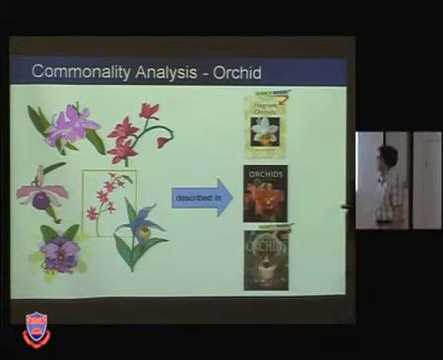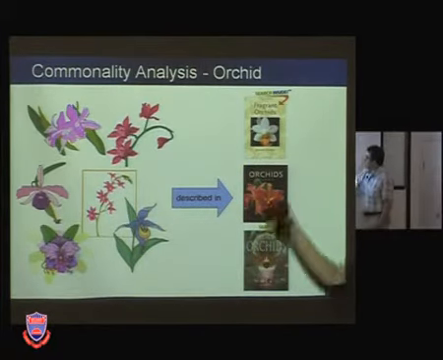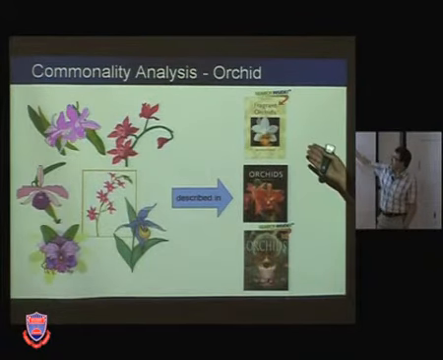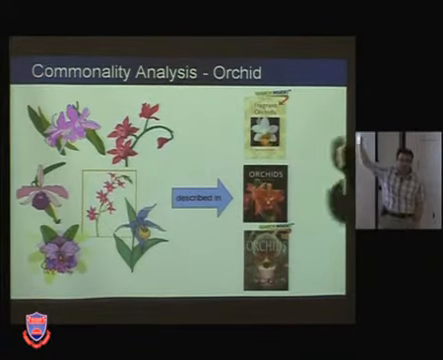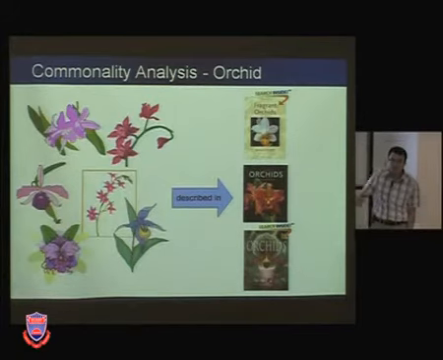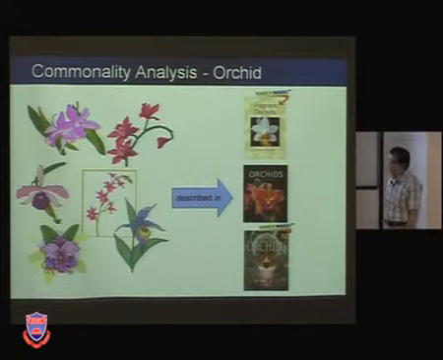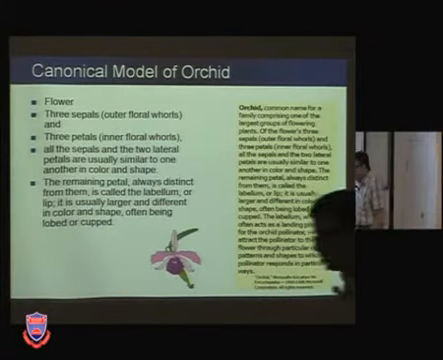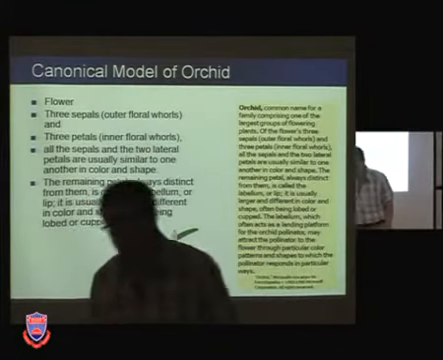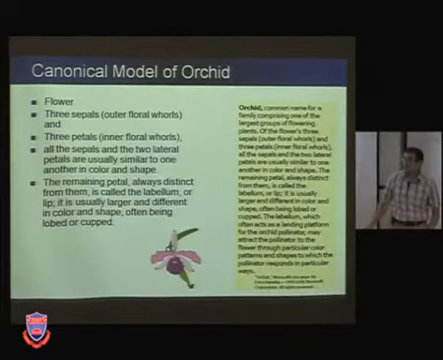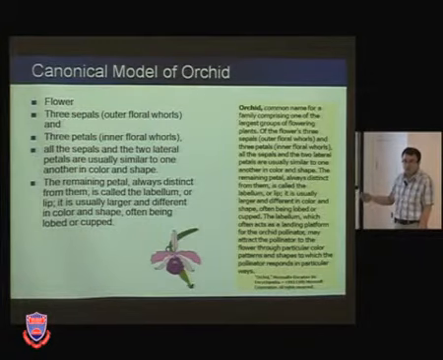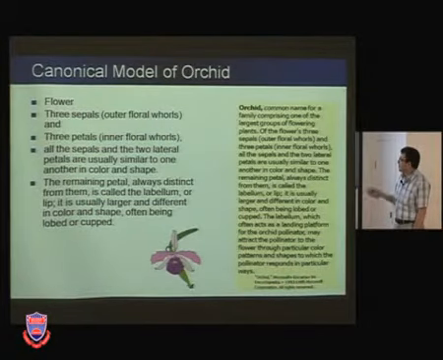I define important knowledge sources, like from the botanic experts, who have written some textbooks on that. Based on this commonality analysis, it appears that an orchid can be modeled like that. An orchid is indeed a flower. Surprise, surprise, right? That's what we knew.